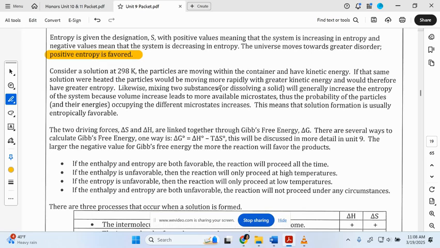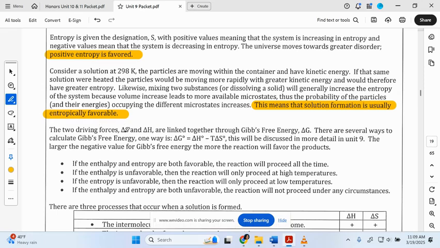Also, mixing two substances together is going to increase the entropy, because we've increased the volume. You increase volume, you have more microstates, more places for that stuff to go. So our entropy increases as well. This means solution formation is usually something favorable. Entropy favors it.